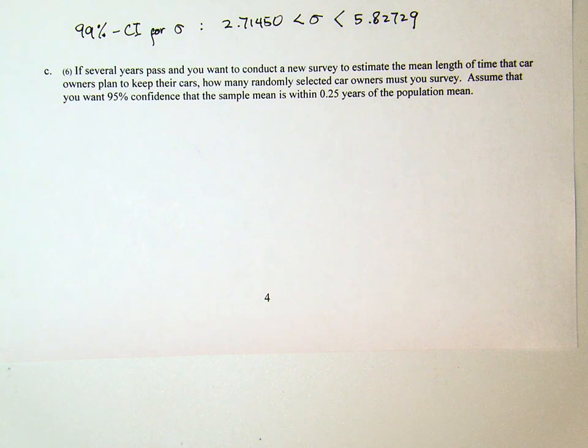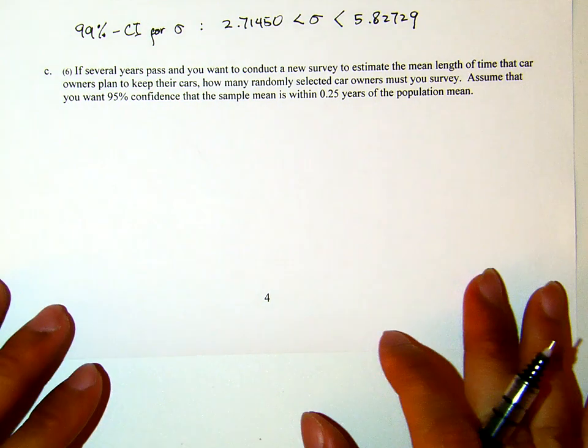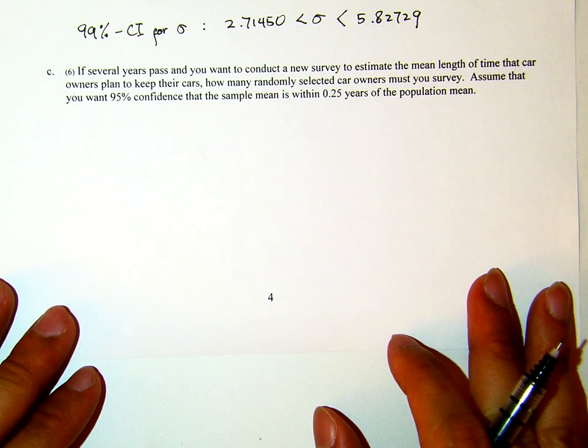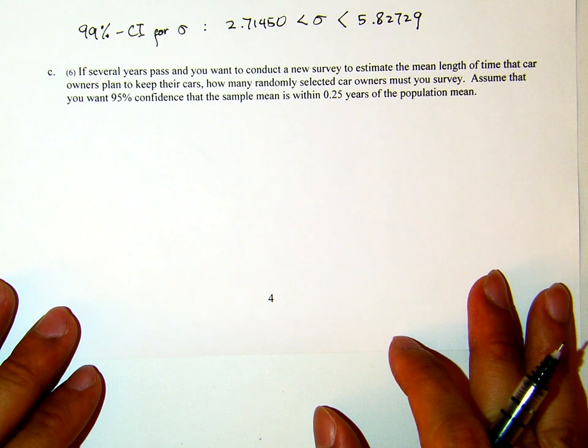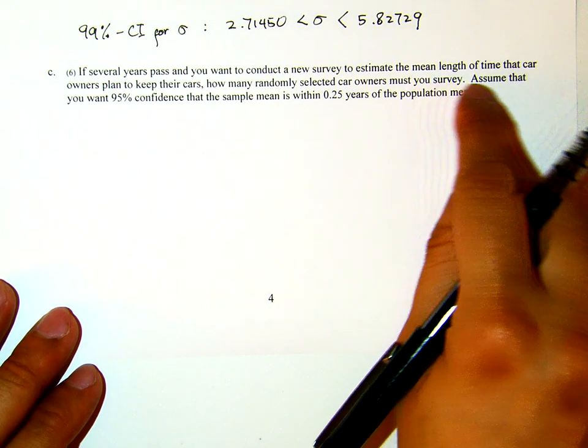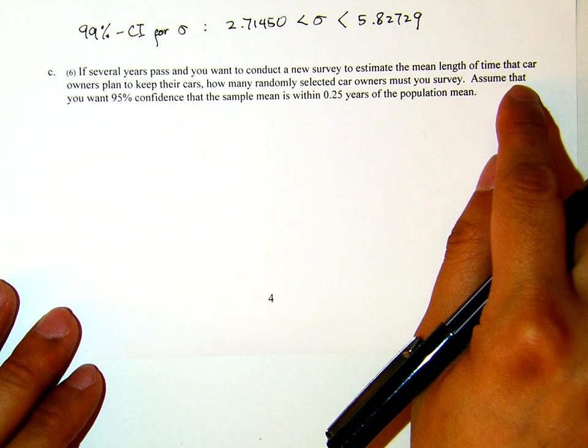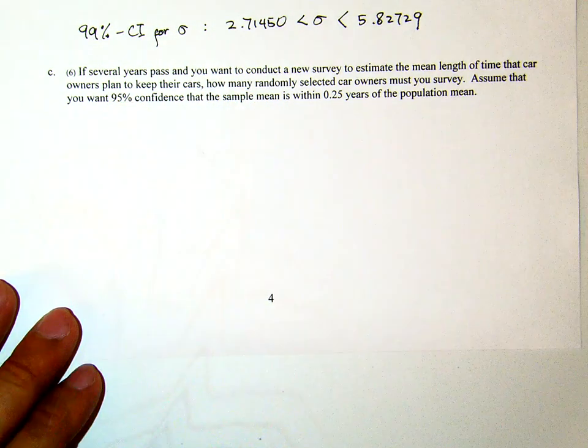Assume that you want 95% confidence that the sample mean is within 0.25 years of the population mean. So the question here basically is, we want to estimate the mean length of time that car owners plan to keep their cars.